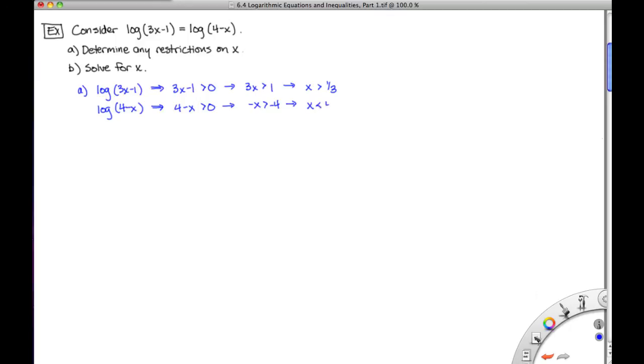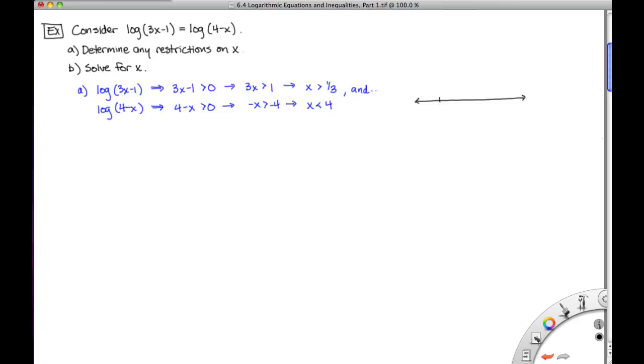less than positive 4. Now, the restriction on x in terms of solutions for this equation is going to be the combination of these two restrictions. So it's going to be this restriction and this other restriction. One way you could maybe think about it is by drawing a real number line, and we could actually see our solutions.